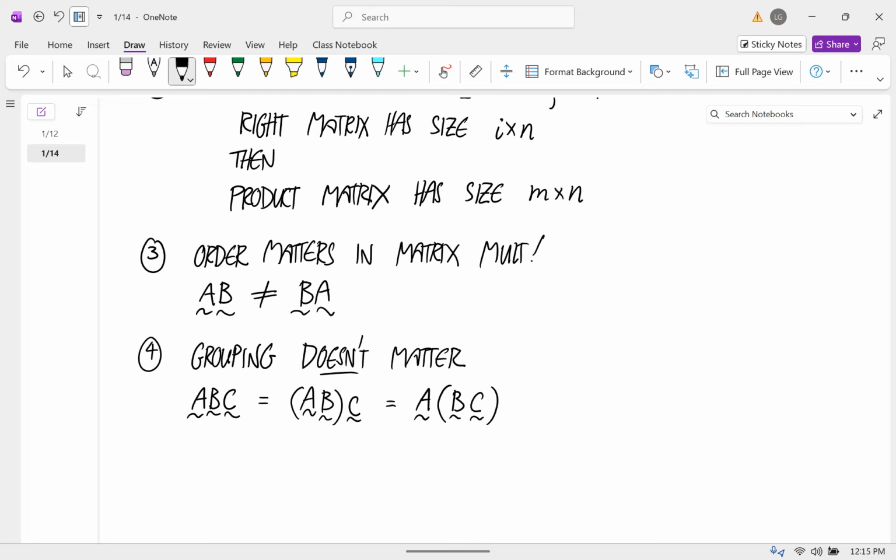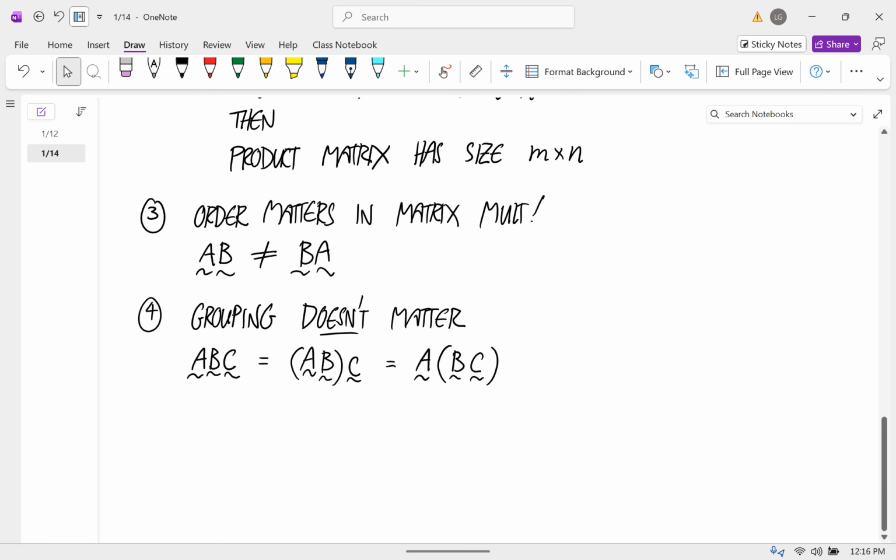But you can't change the order of those, or the answers will be different, or maybe not even exist. Any questions about that?